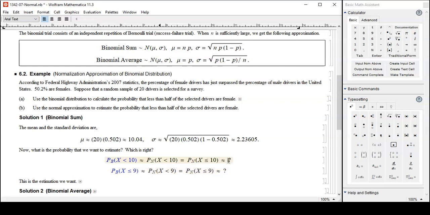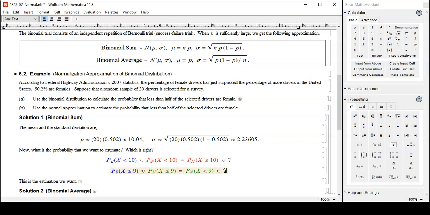But if you look at the normal approximation, because this is a continuous random variable, strictly less than 10 versus less than or equal to 10, they're the same. This green is the same as this because there's no distinction between strict inequality and semi-inequality for continuous random variables.